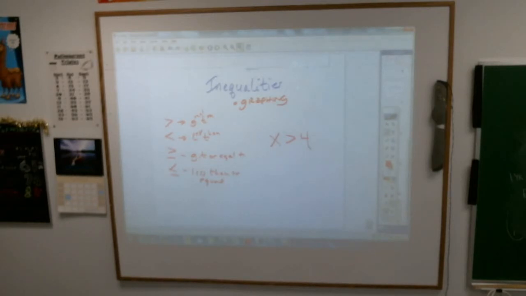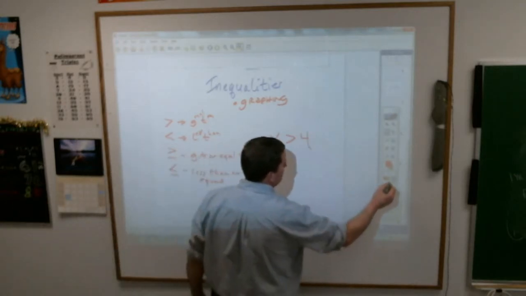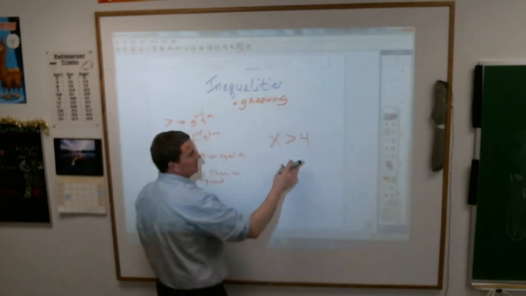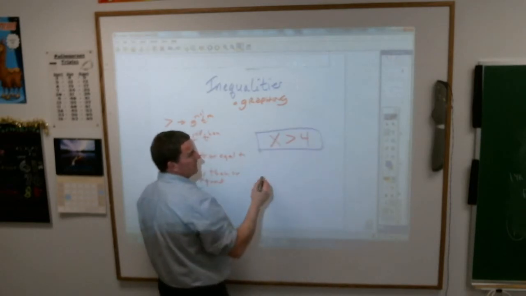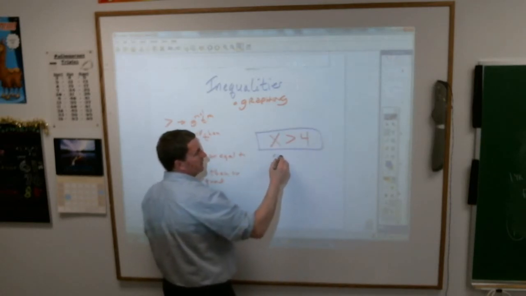Peter would say 7. Evan would say 5. Since there is a multitude of answers, we show this graphically by using a number line.